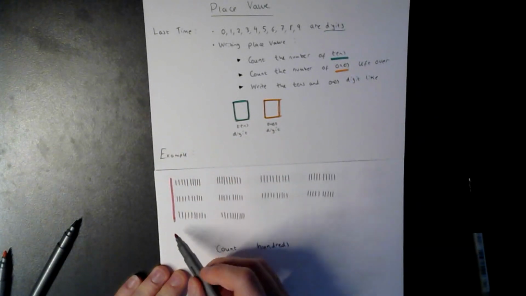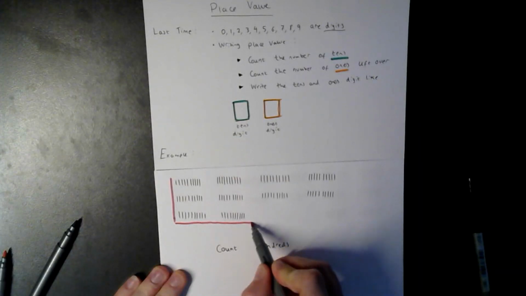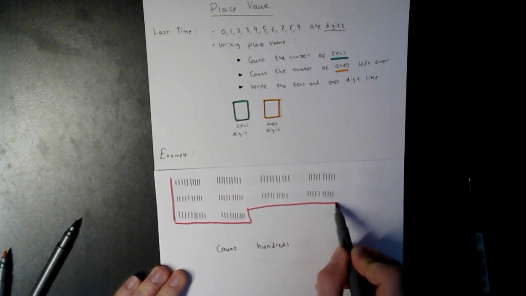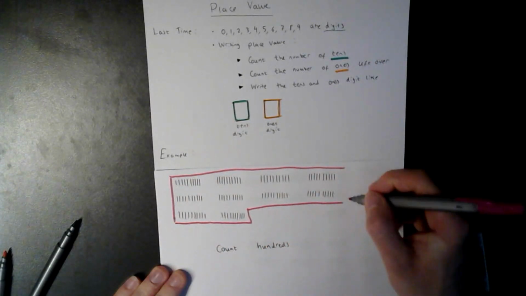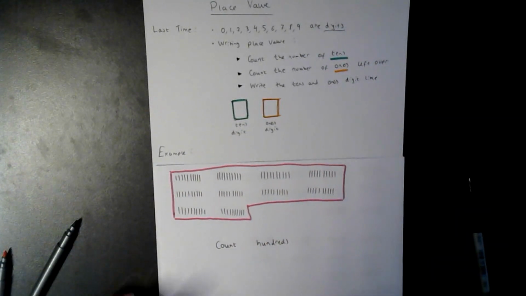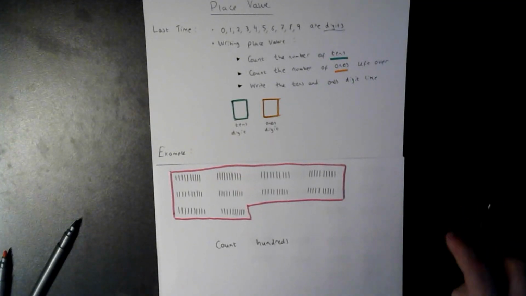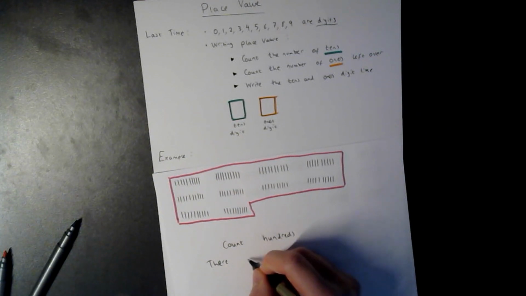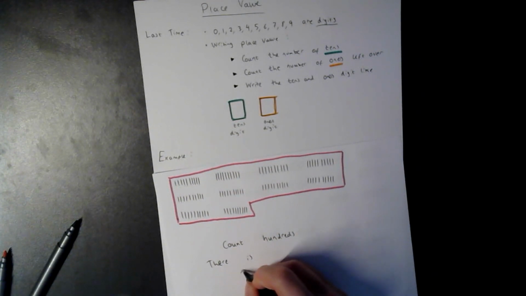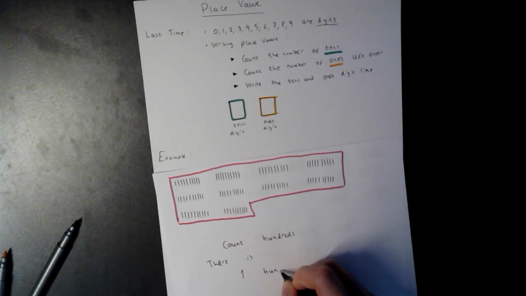I'll make it clear by doing a pink box. So here we have 1 hundred. There is 100.